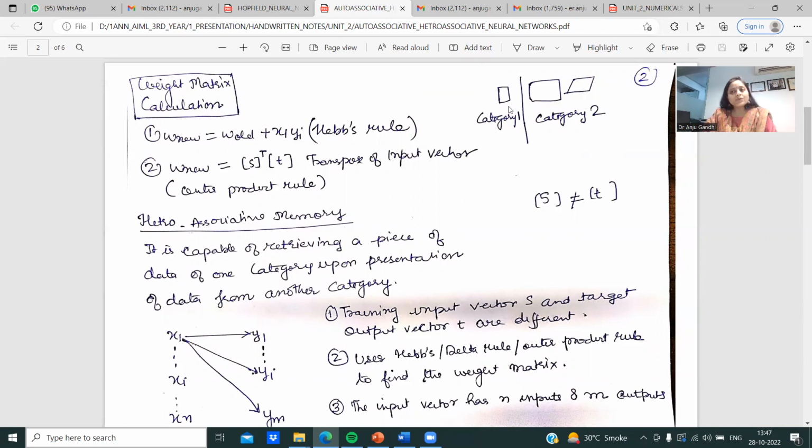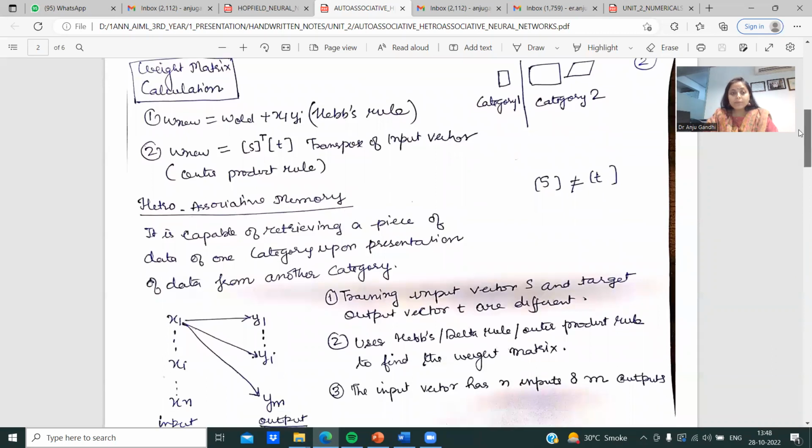But in the case of hetero, we can identify different categories. Like if we have a sphere, it can be identified in the form of a rhombus, sphere, rectangle, anything, with the help of the patterns and information available.